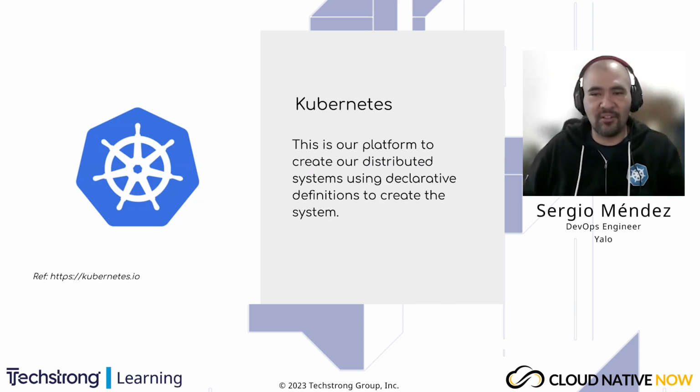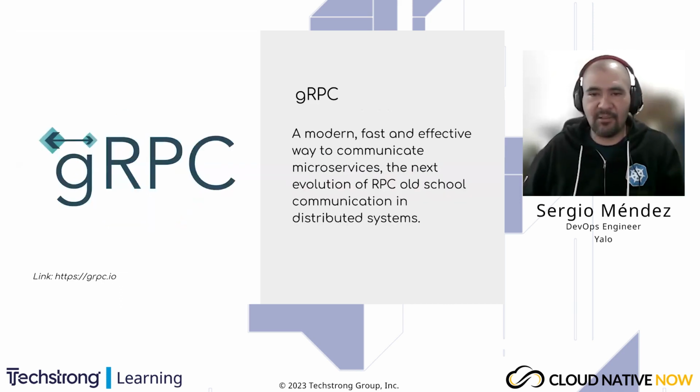So the students are going to learn about it. As I mentioned, gRPC will be our way to communicate the processes around the network, a pretty fast way to communicate.